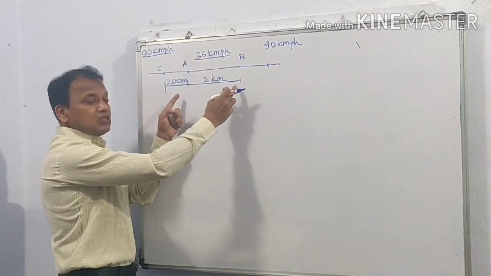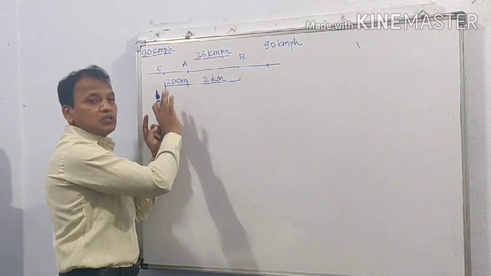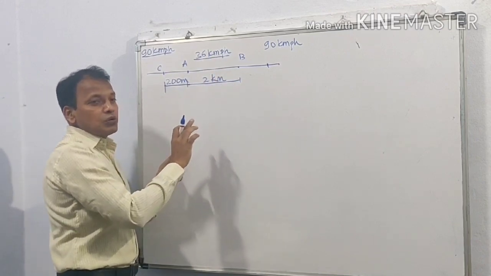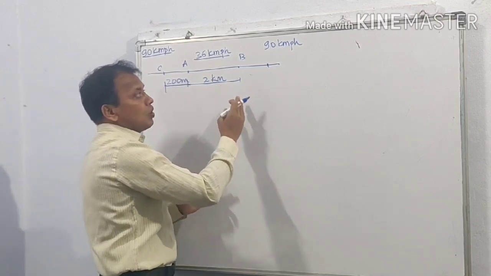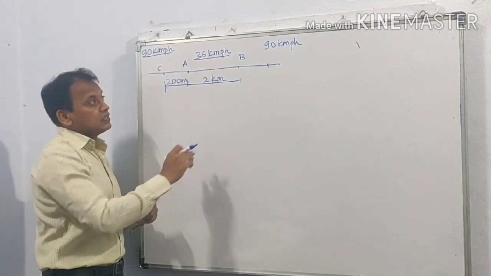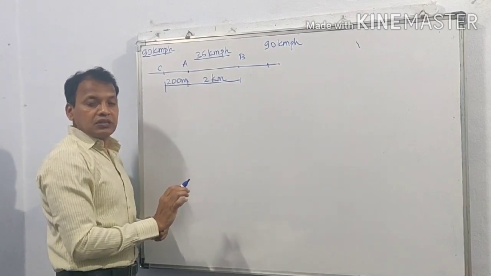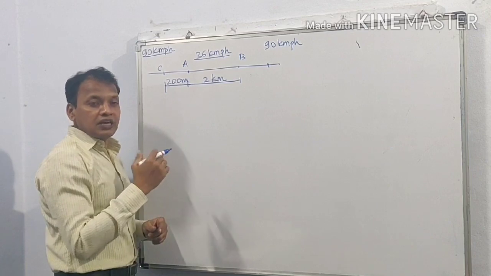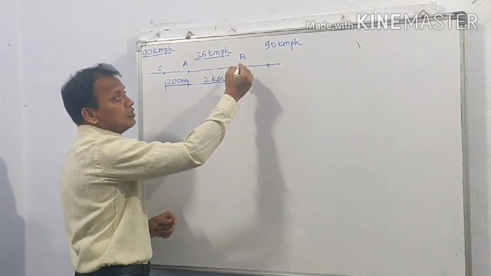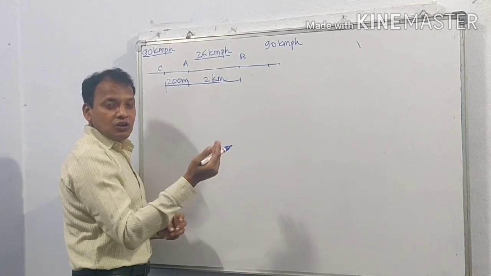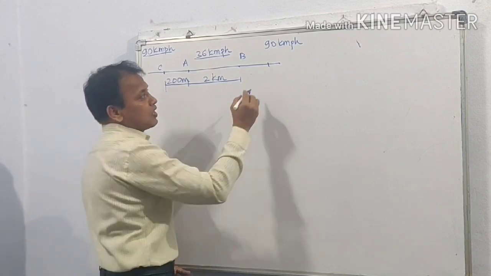As repair work is going on this track AB, the train will travel with uniform velocity, 36 km per hour, from A to B. And on B onwards, as there is no repair work, the track is normal, the train can run with velocity 90 km per hour, but immediately the velocity will not increase from 36 km per hour to 90 km per hour.